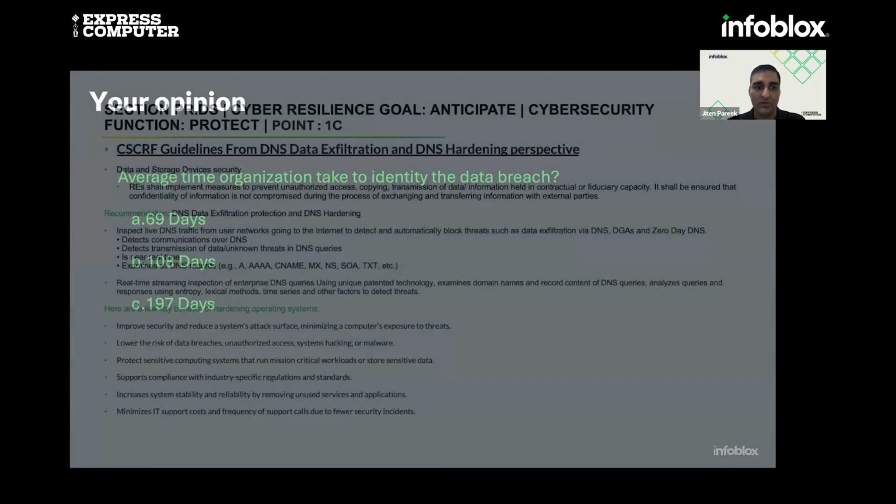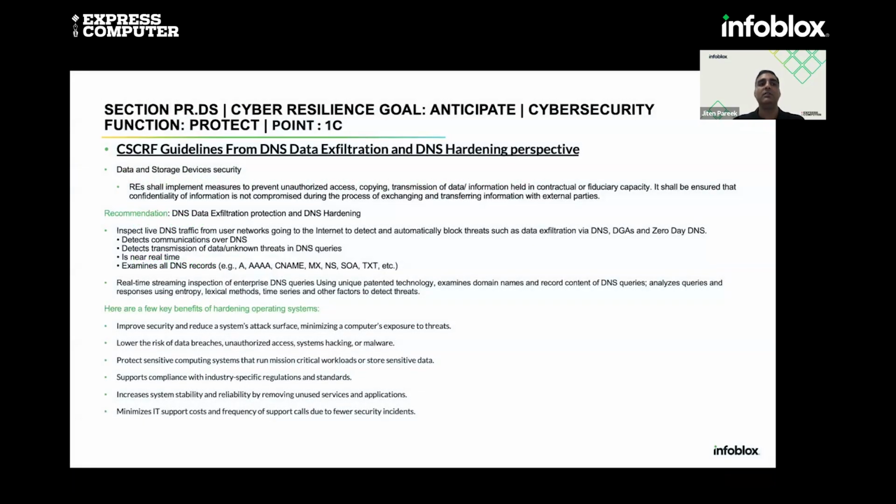Why is it so? Because now the section PR.DS in the cyber resiliency goal, anticipate and protect, has clearly mentioned in point C, the regulated entity shall implement measures to prevent unauthorized access, copying, transmission of data. And the recommendation here is DNS data exfiltration protection and DNS hardening.